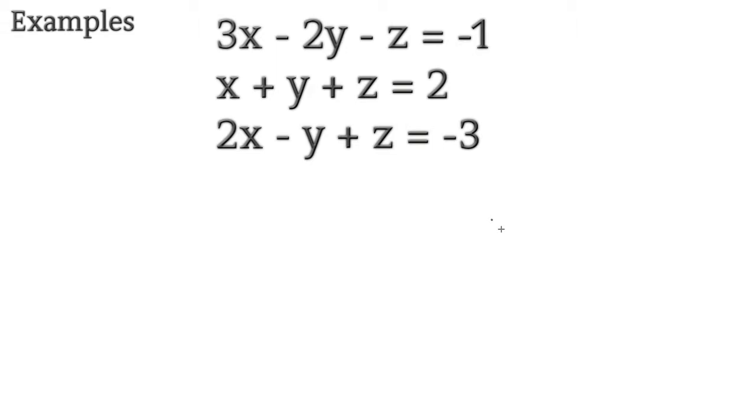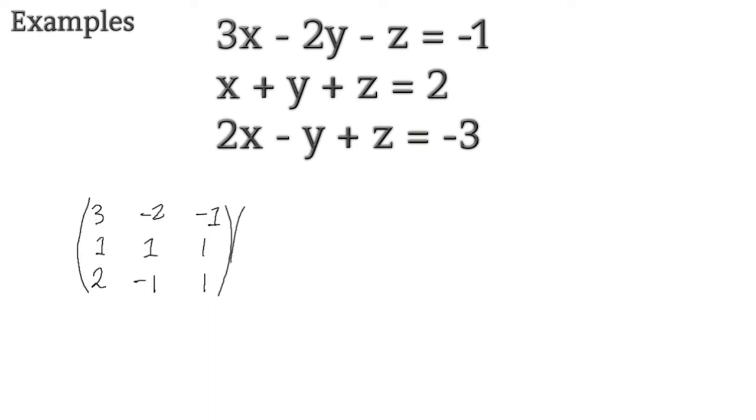First of all, we can write that into matrix form. The way to do that is to give the x value its own column, and the y value its own column, etc. So we have 3, 1, 2, just the coefficients of the x, then minus 2, 1, minus 1, then minus 1, 1, and 1.